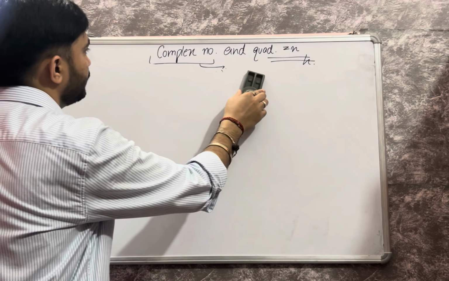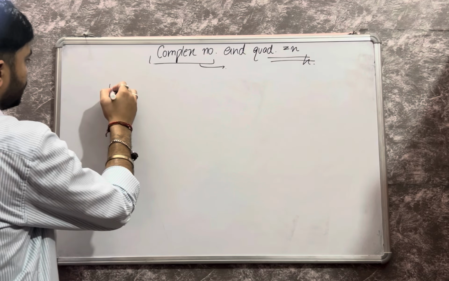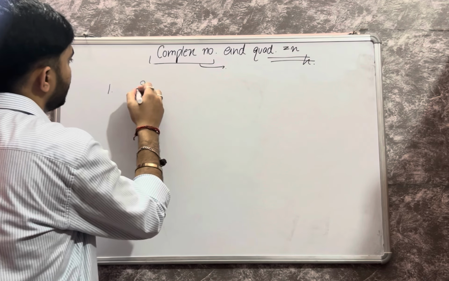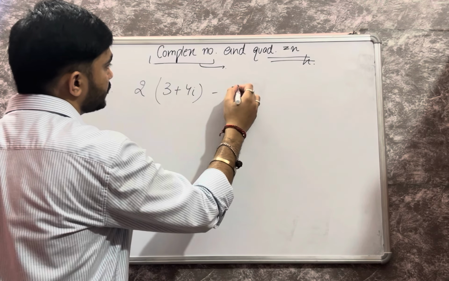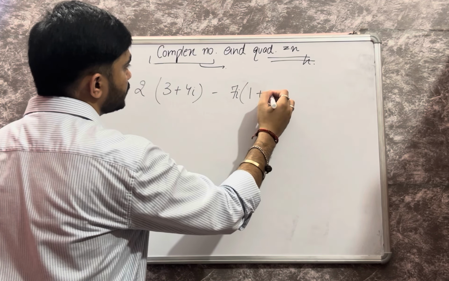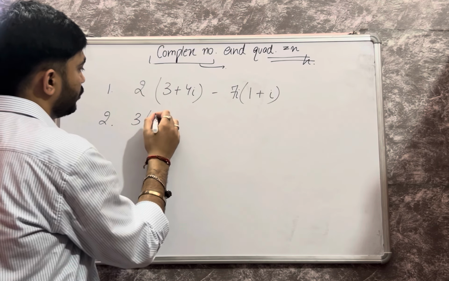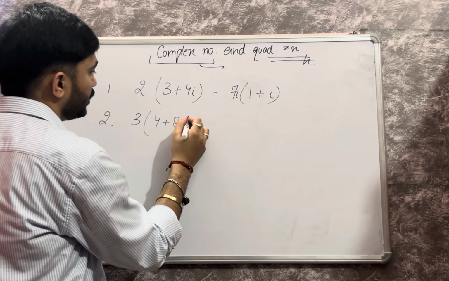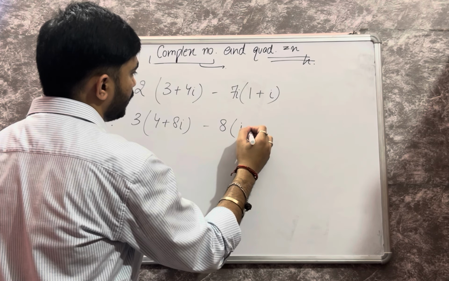Now I am going to give you some homework so you can practice them and have a better perspective of these questions. The first question will be 2 into 3 plus 4 iota minus 7 into 7 iota into 1 plus iota. Second will be 3 into 4 plus 8 iota minus 8 into iota plus 4.